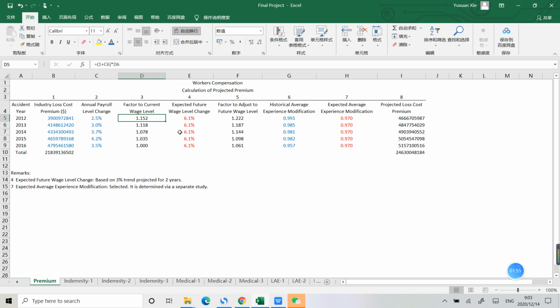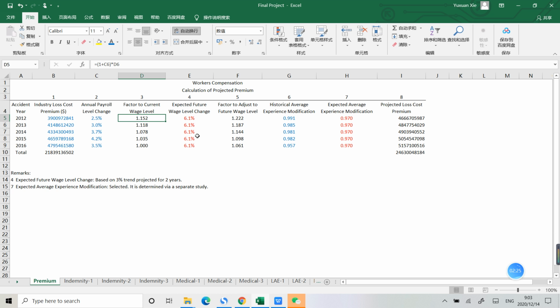And column 4 is the expected future wage level change. It is the wage increase expected between the most recent historic period and the time the rates are to be in effect. We choose 6.1% because it is based on an assumed trend of 3% for 2 years.